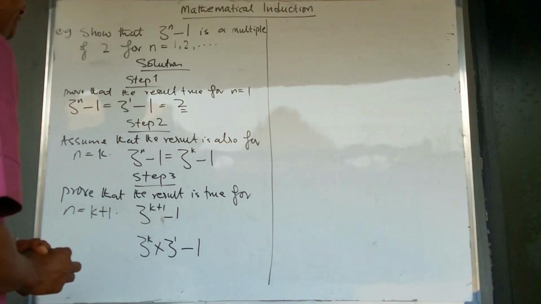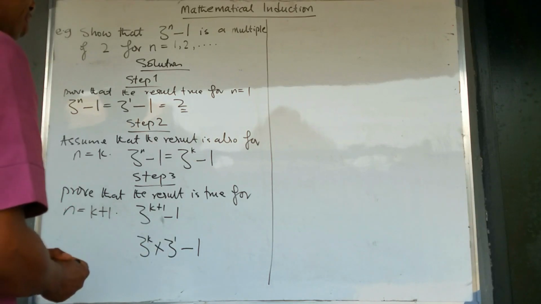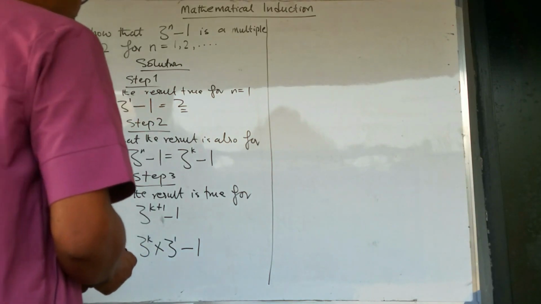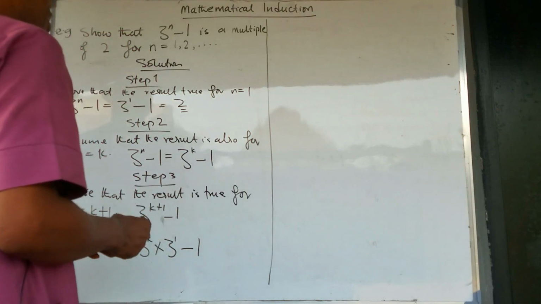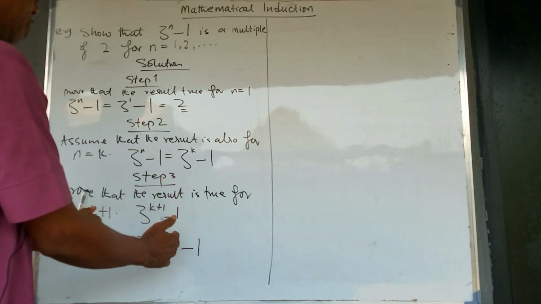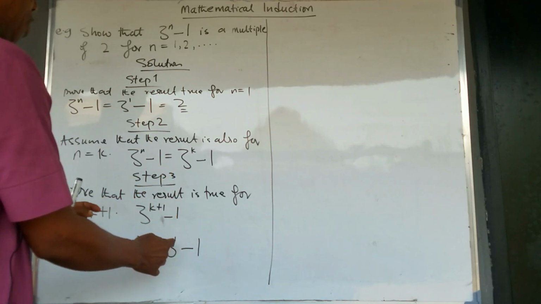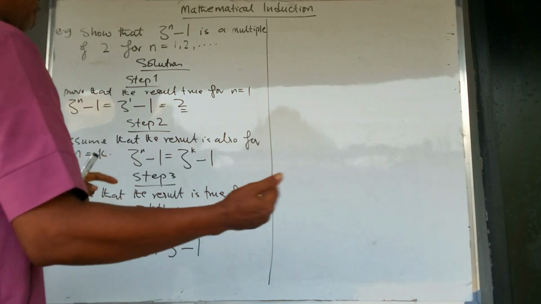Remember, in indices, when common bases multiply, you add their powers. At this point, we are almost through. So what will I do next? Remember that I told you in the introductory part that you always split that of step 3 to be able to get step 2 and then confirm the other part of it.